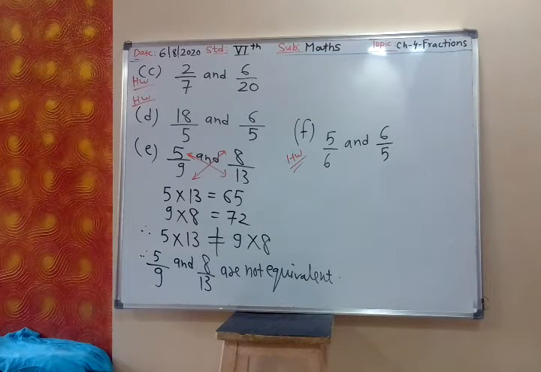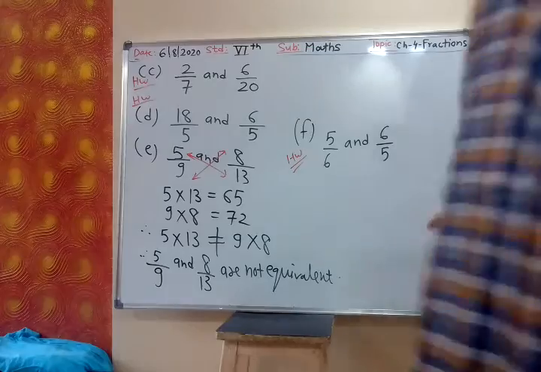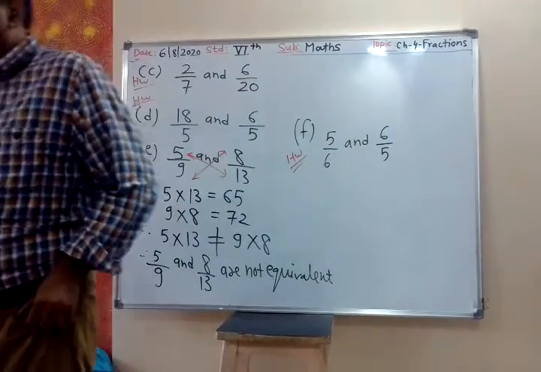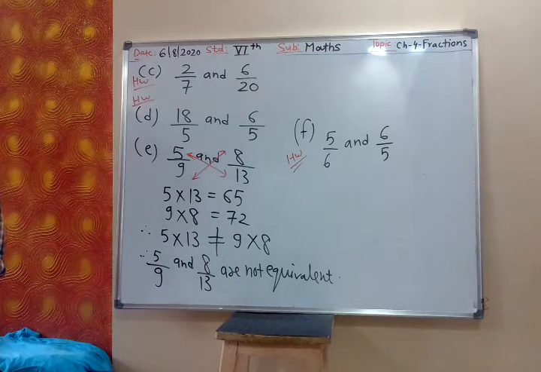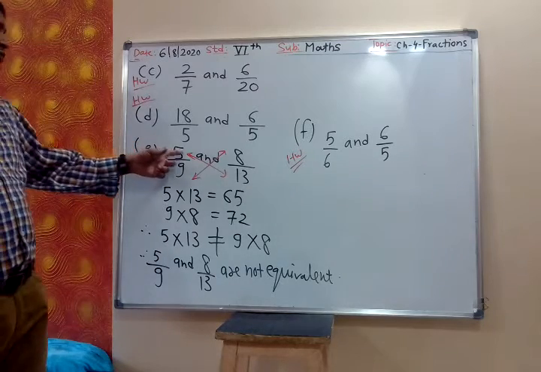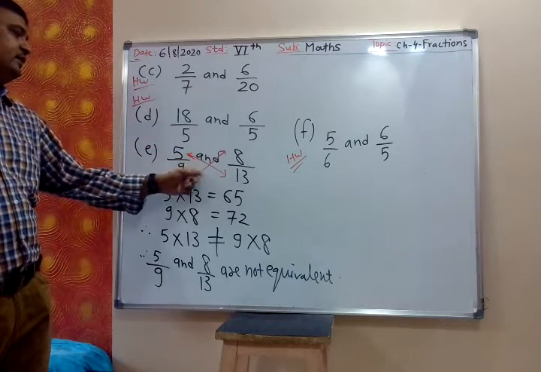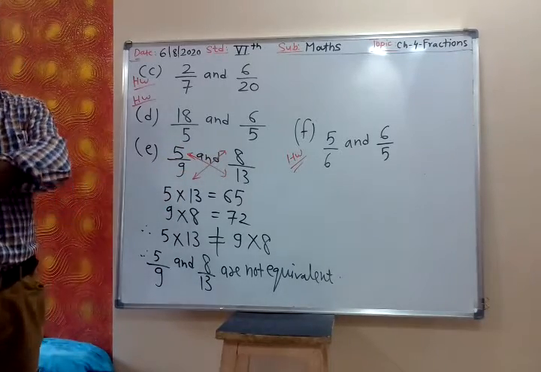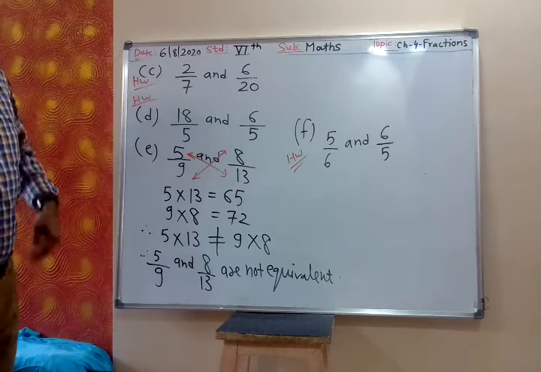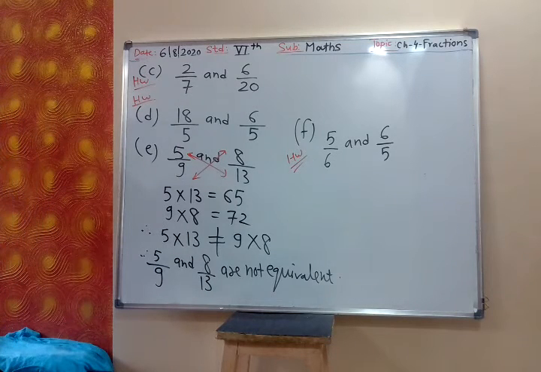This F part is also homework. Equivalent means you have to cross multiply the diagonal elements, and if the cross multiplications are equal, they are equivalent. F, 5 upon 6 and 6 upon 5, is homework.